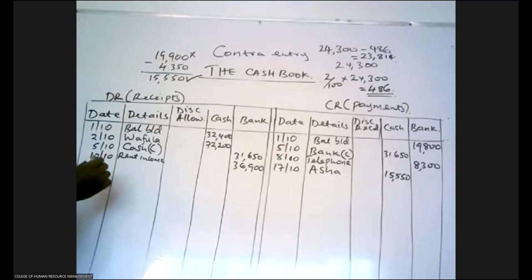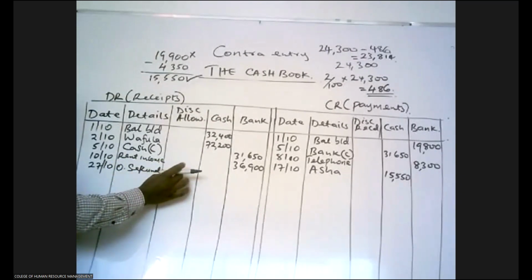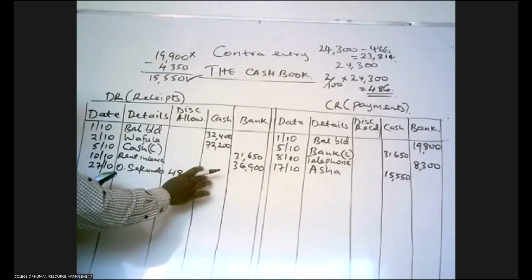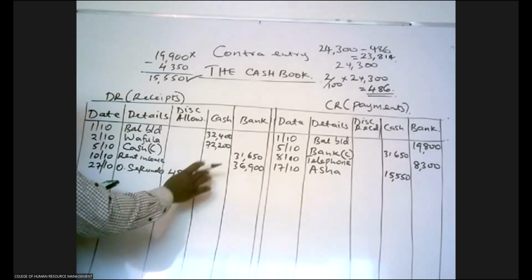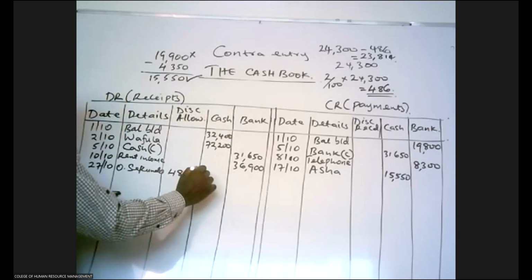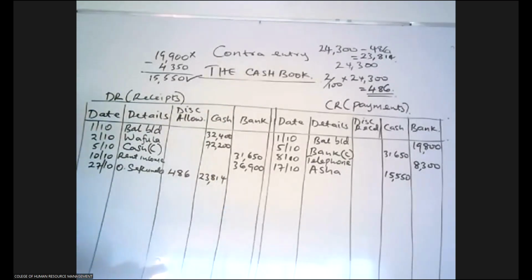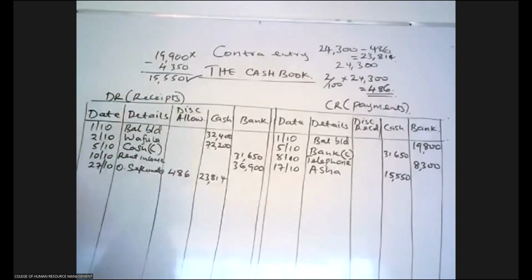Come here and record the date, 27. Where the money is coming from is from Ole Secundo. The discount allowed is what we deducted, 486. And then here we are receiving in cash the balance, which is 23,814. The discount allowed is this. This is the amount that we shall receive in cash.